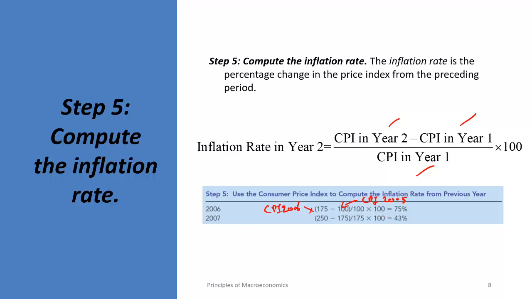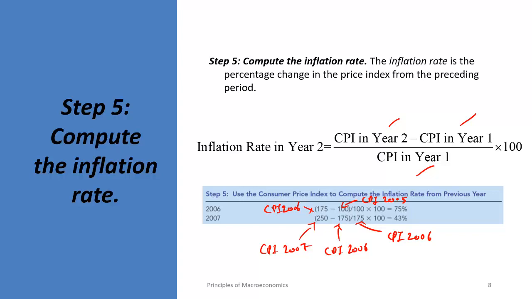And how much is the inflation rate in 2007? You take CPI 2007 minus CPI 2006, divide it by CPI 2006 times 100, you get 43%. So the inflation rate in 2007 was 43% and the inflation rate in 2006 was 75%.